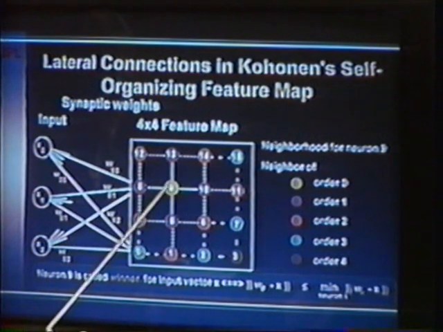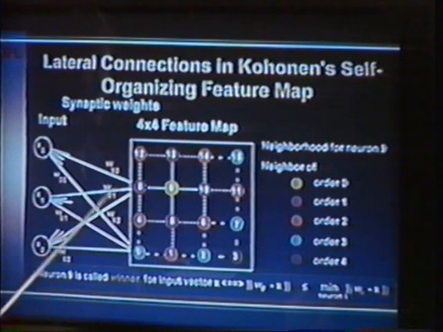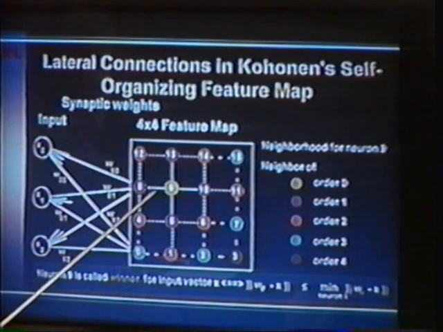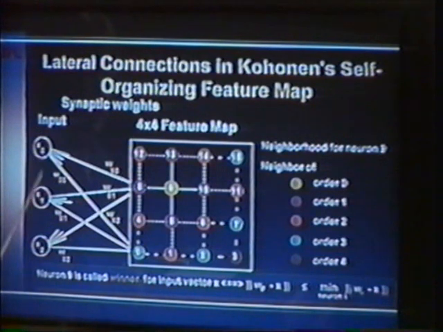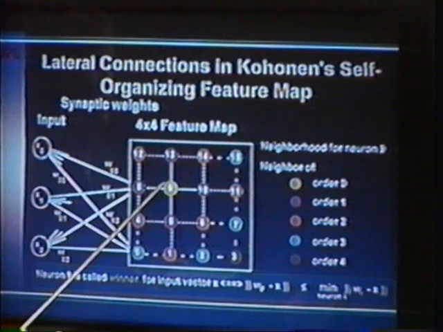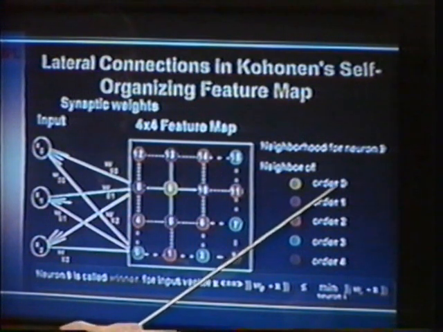On the grid, we are going to define some sort of neighborhood relationships. For example, we can say that if the weight vector of neuron 9 is the most similar to our input vector x, then neuron 9 will be called the winner or the neuron of order 0.